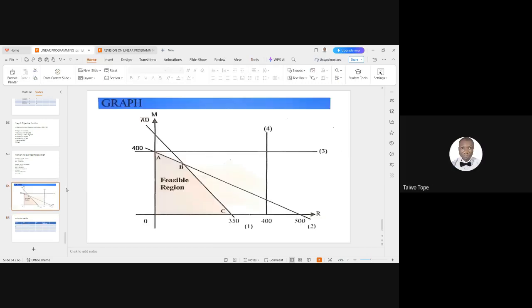So point A. What do you have at point A? The unit you have at point A is what? Point A is 400.